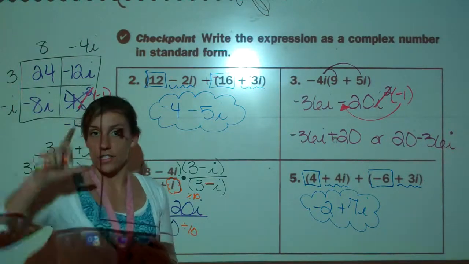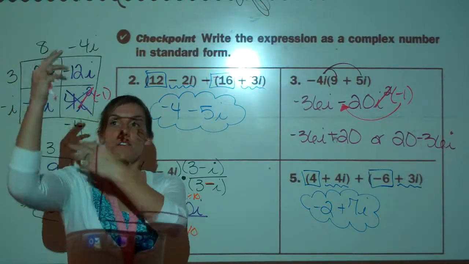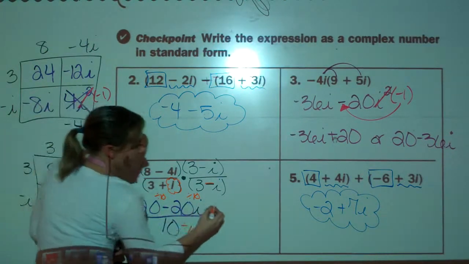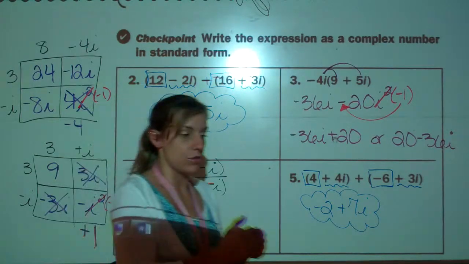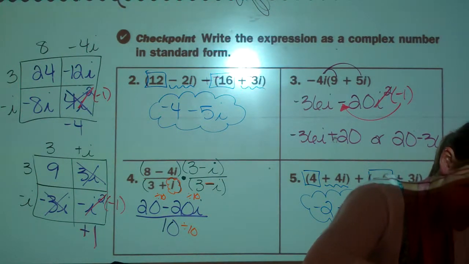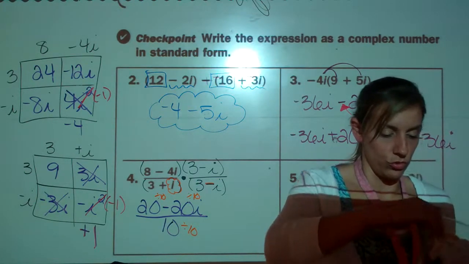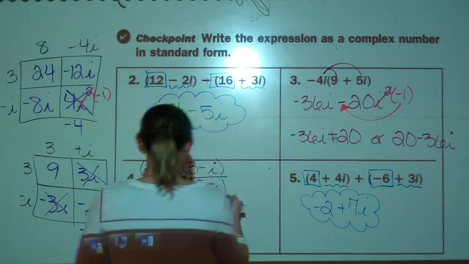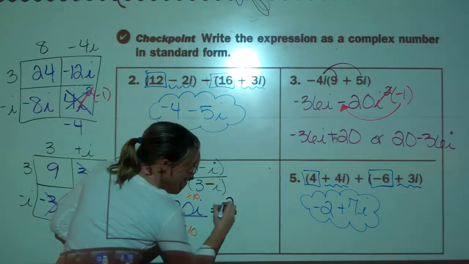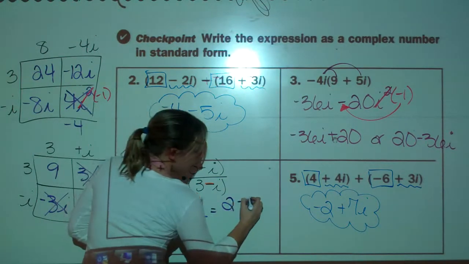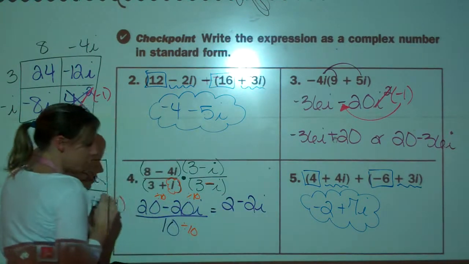It's just like fractions. If you've got a numerator and a denominator that you can divide something out, that's what we do. So 20 divided by 10 will reduce down to a 2. Negative 20i divided by that 10 will reduce down to a negative 2i.